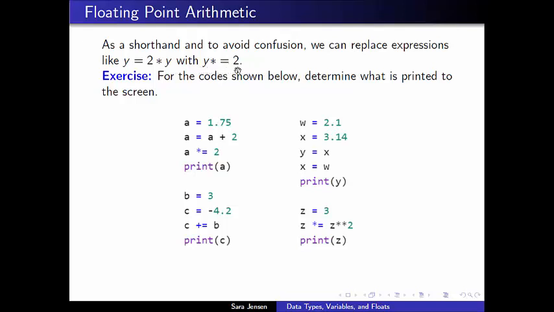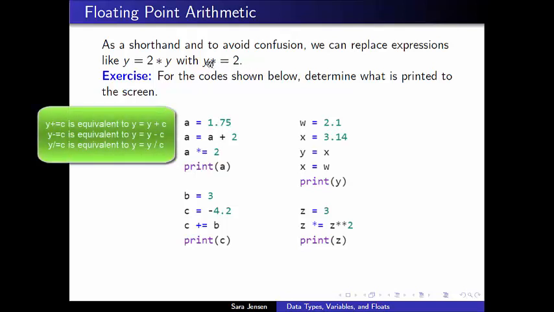This line of code has exactly the same meaning as this line of code. What this line would mean is take whatever is currently in y, multiply it by whatever number is over here, and once that computation is done, replace what was in y with that new value. And you can do that with any of your arithmetic operations: addition, subtraction, multiplication, or division.